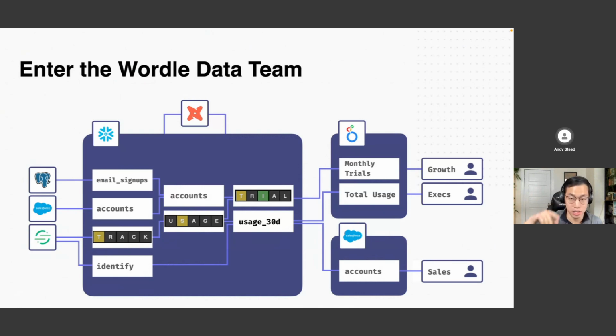And finally, they're using dbt to turn that raw data into final trial and 30-day usage tables that are being used within Looker, which is specifically being used by the growth team and execs, and finally putting that data back into Salesforce, which is being used by the sales team. This is a pretty common modern data stack, and I'll walk you through a few very common use cases for observability and how the pillars fit into that.